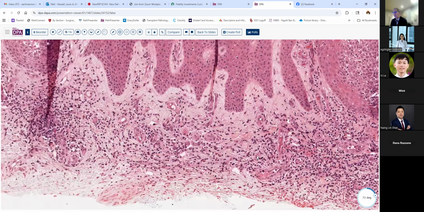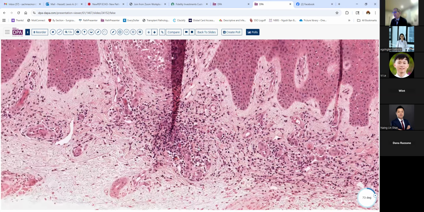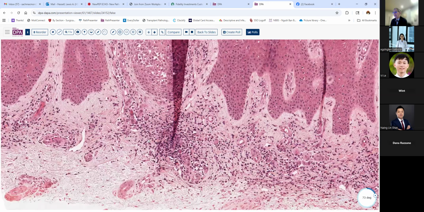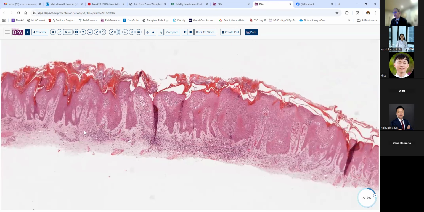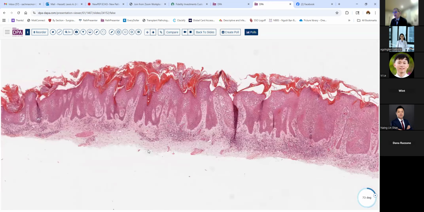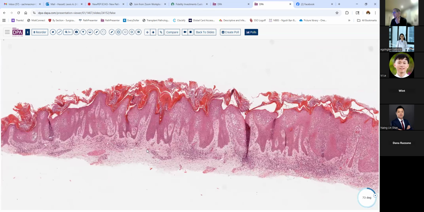So we wouldn't usually mistake this for one of the lichenoid dermatitises, but that would be in the differential for sure, because usually seborrheic keratoses are not particularly inflamed. There are some great examples of seborrheic keratosis in your study sets for the Derm module, but I thought this was a little bit of a variant that you might not see very often that would be good to review.